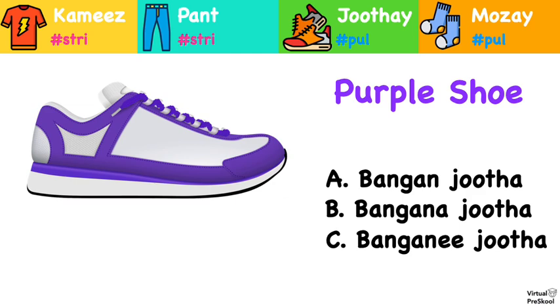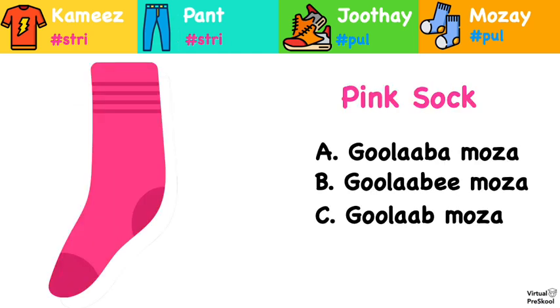Let's do purple shoe. Would it be A, bengan juta, B, bengana juta, or C, bengani juta? C, bengani juta. Let's do pink sock. Would it be A, gulaba moza, B, gulabi moza, or C, gulab moza?